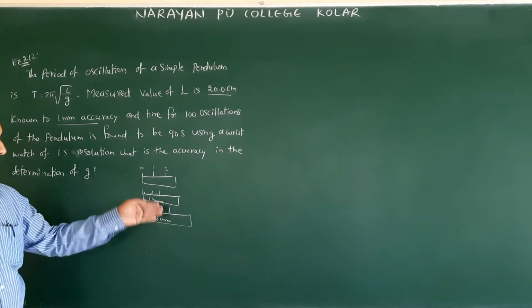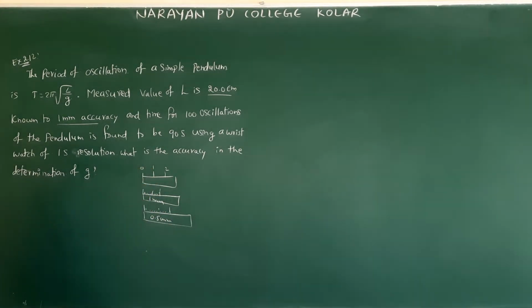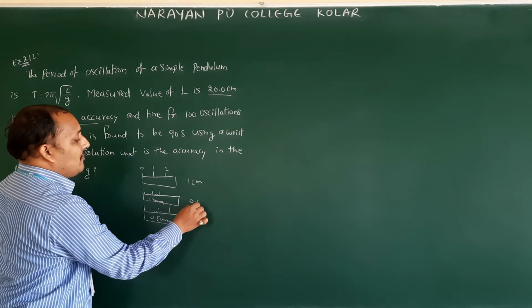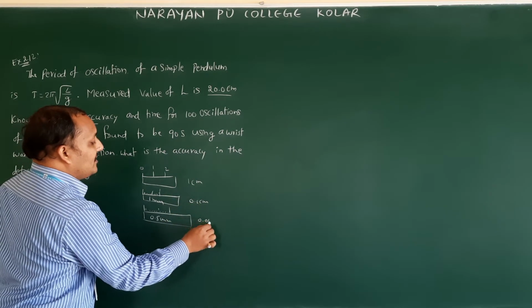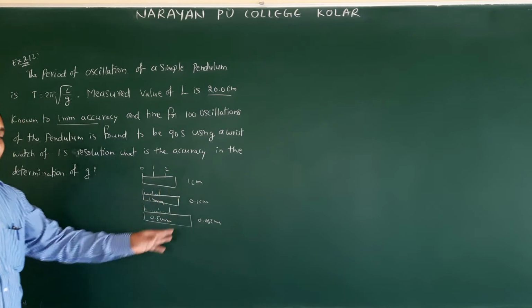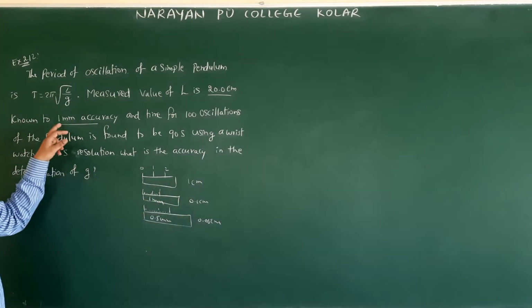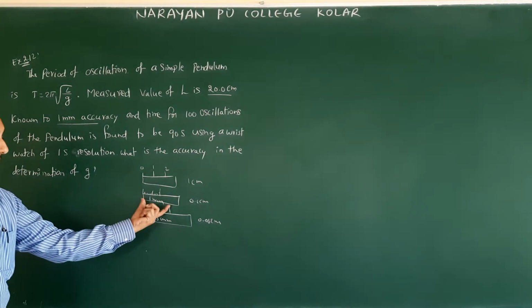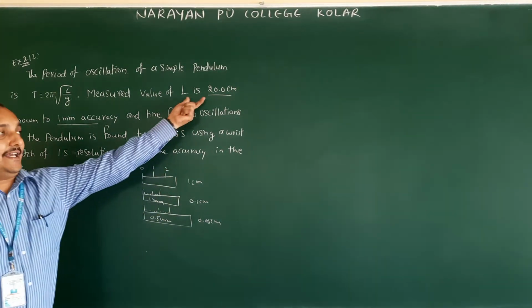In centimeters, 1 centimeter, 0.1 centimeter, 0.05 centimeter. This is resolution. So this resolution they gave is 1 mm, up to 1 mm. So they found this length by using this scale.